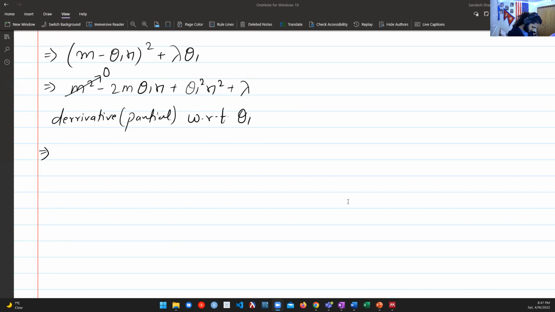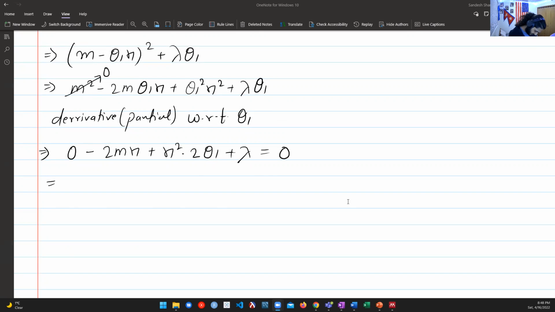Then it's going to look like 0 minus 2mx plus x squared times 2 theta 1 plus, sorry, I missed the lambda over here, my bad, plus lambda. Then I'm also going to equate to 0, because we take the derivative and set it to 0 to find the theta 1 when the cost function is minimum.